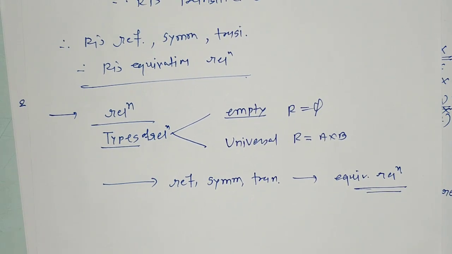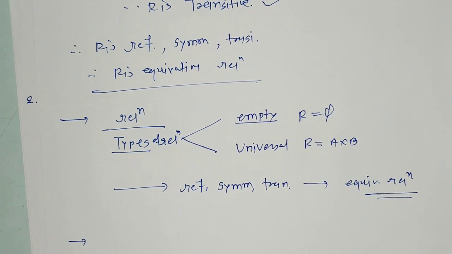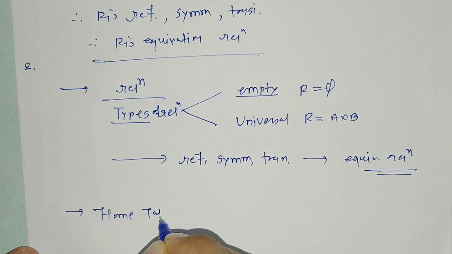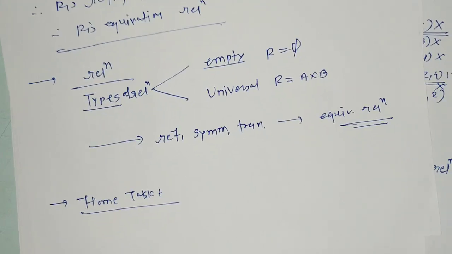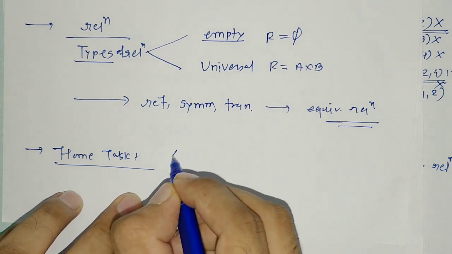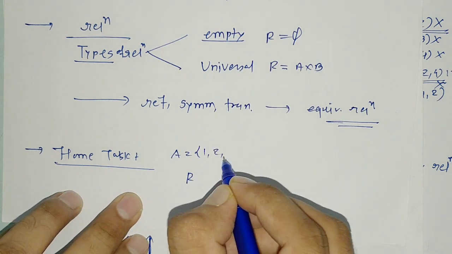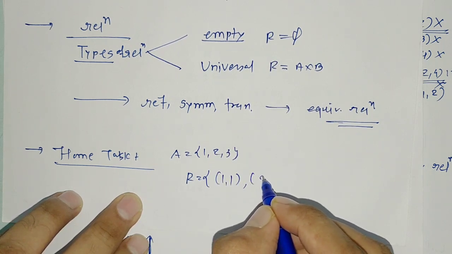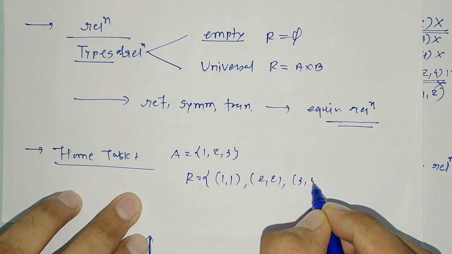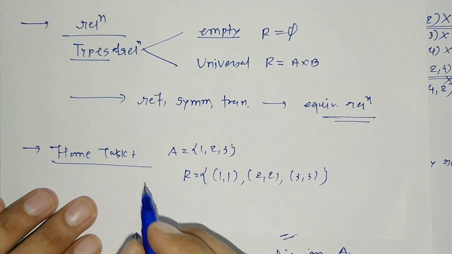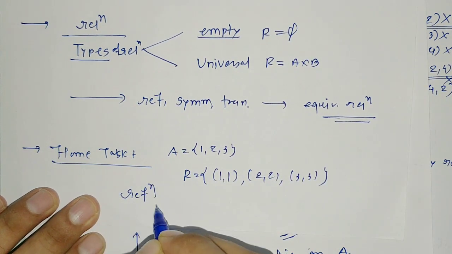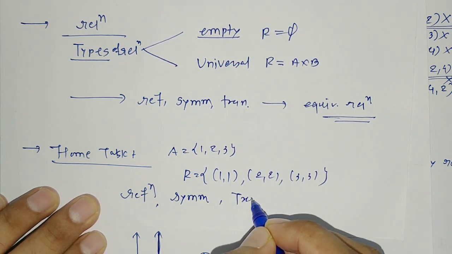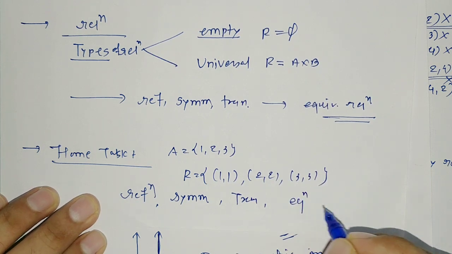Okay, at the end of this class, I am giving you one simple home task. You just have to check whether the relation on the set {1, 2, 3}, with pairs (1, 1), (2, 2) and (3, 3), is reflexive, symmetric, transitive and equivalence.